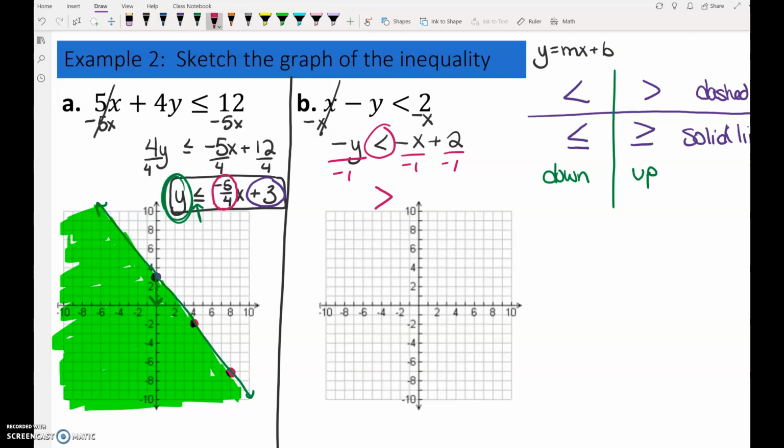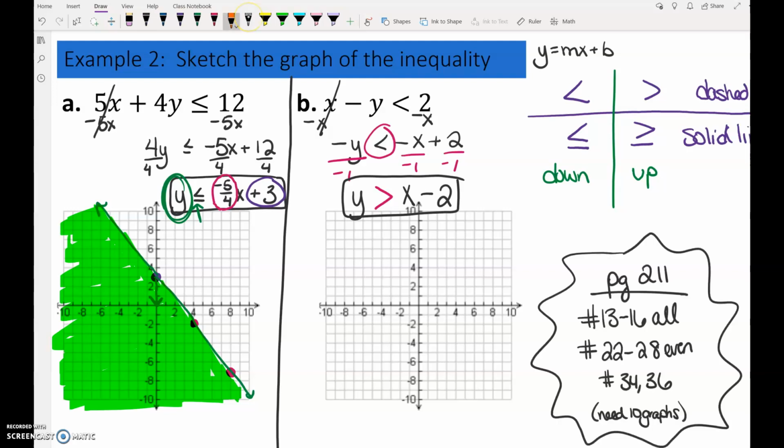It becomes y is greater than positive x minus 2. So the one quirky rule with inequalities is when you divide by a negative, you have to flip the sign. Now take a moment and try to graph this one on your own. If you're watching the video, pause the video, try graphing this one entirely on your own.